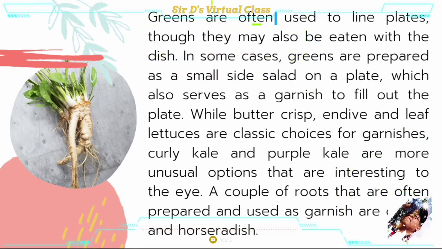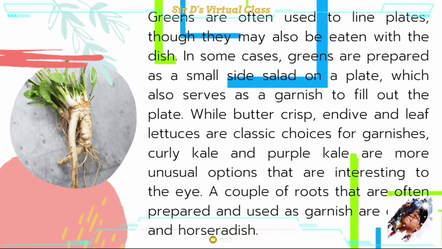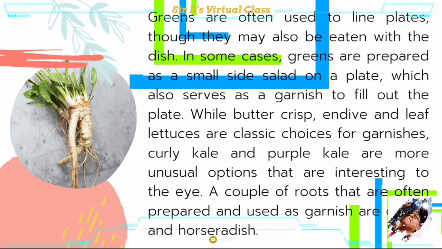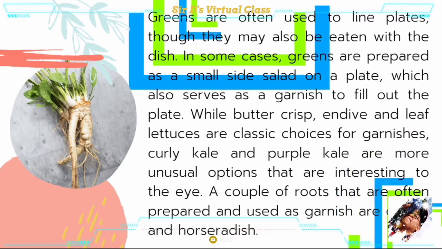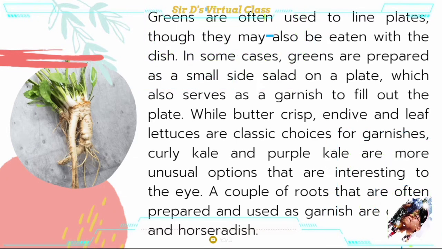In some cases, greens are prepared as a small side salad on a plate, which also serves as a garnish to fill out the plate. While buttercrisp, endive, and leaf lettuces are classic choices for garnishes, curly kale and purple kale are more unusual options that are interesting to the eye. A couple of roots that are often prepared and used as garnish are ginger and horseradish.